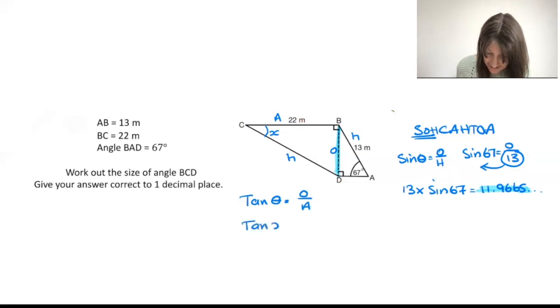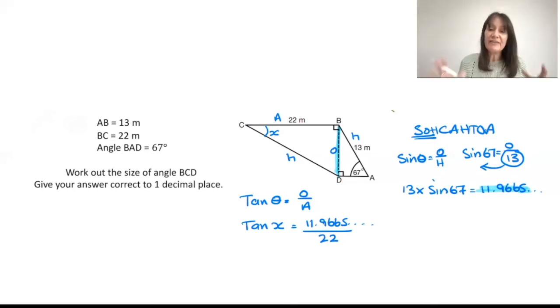Tan X, the opposite is my 11.966, and on it goes, divided by my 22. Now, that 11.9665 is still sitting on my calculator display, so I don't need to re-enter it. I'm just going to have it there ready to use, okay?